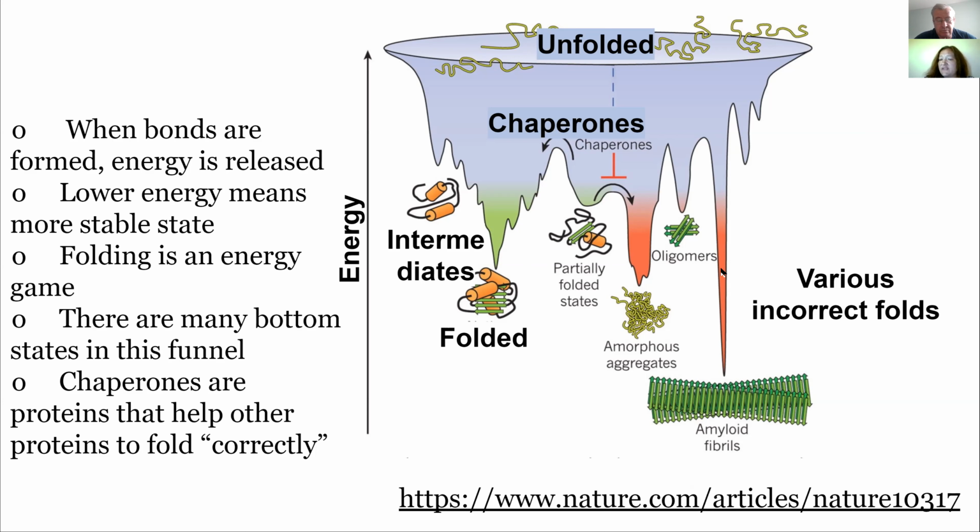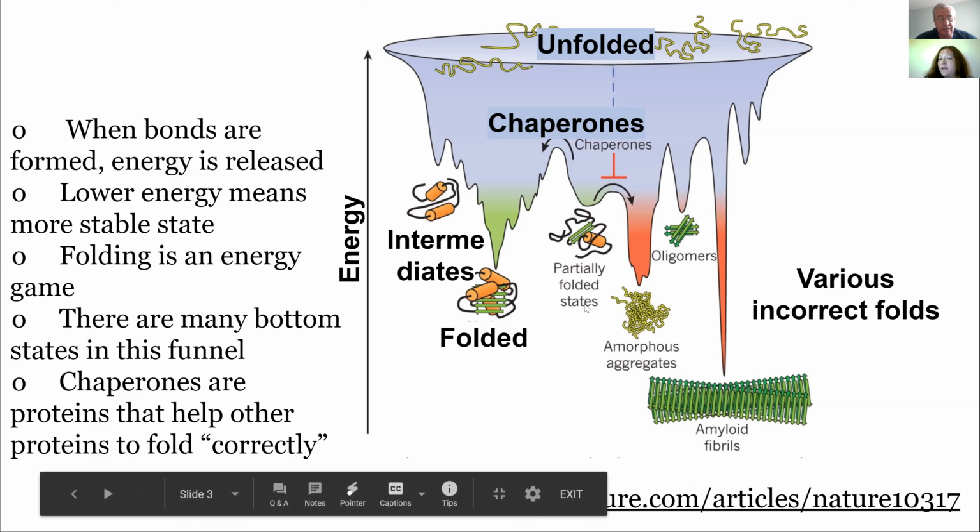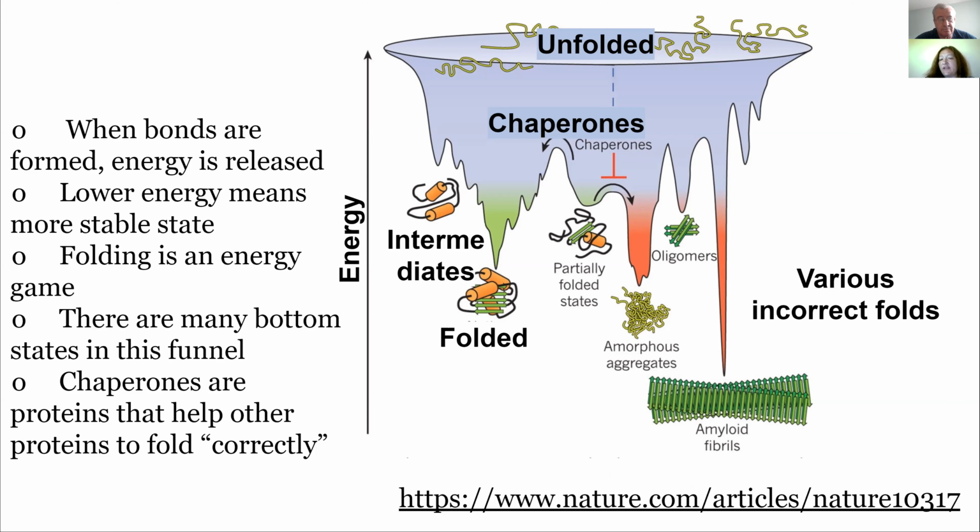The other two in this case, or maybe even three if you count this one, produce proteins that are not helpful for the cell. In this case, those proteins form aggregates and even amyloid fibrils. This is an example of proteins that can cause Alzheimer's when folded incorrectly. But in many other cases, with multiple bottoms of this funnel, all of them are good and functional, and the protein can switch from one structure to another depending on the situation in the cell.